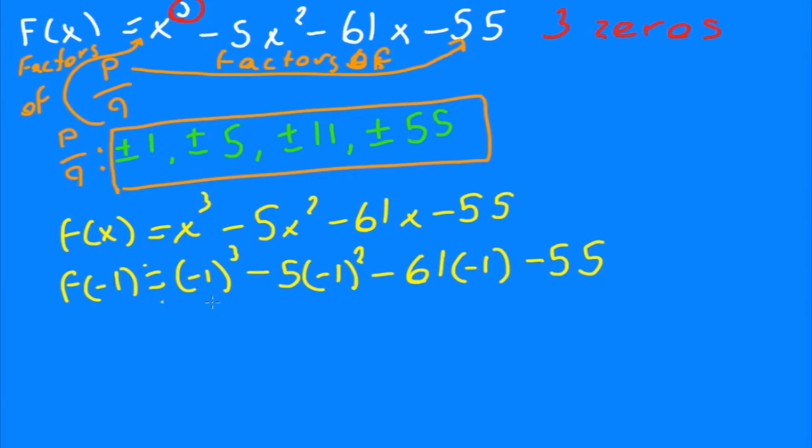And this whole thing is equal to 0. So since your function evaluated at -1 is equal to 0, -1 is a 0.